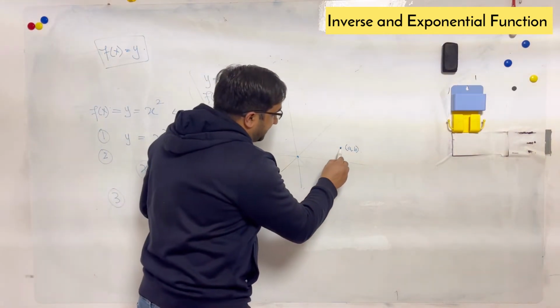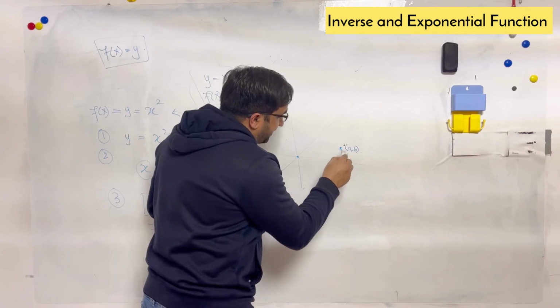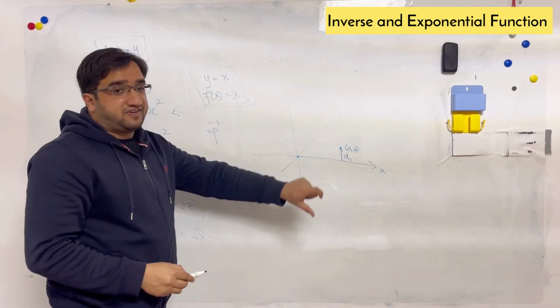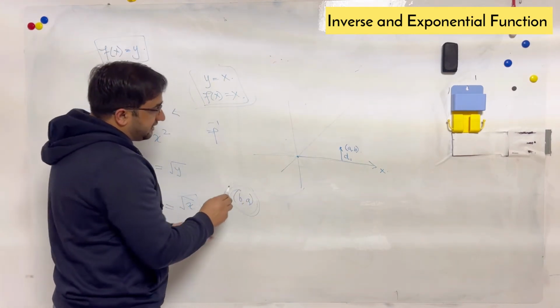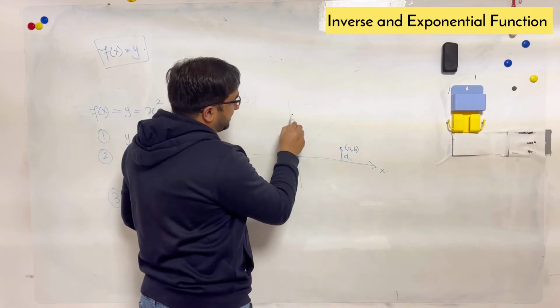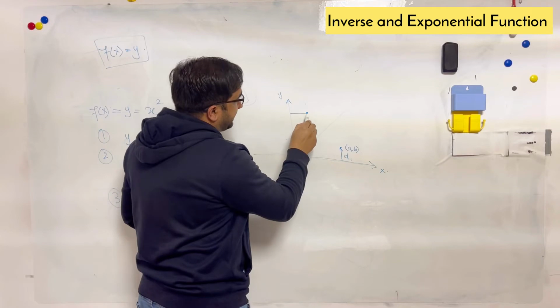So it will be at the same distance. If this is distance D1 from the x-axis, then the flipped point BA will be at the same distance from the y-axis in the same plane.